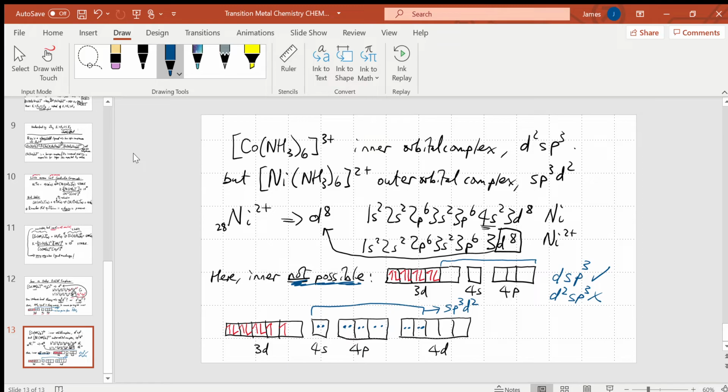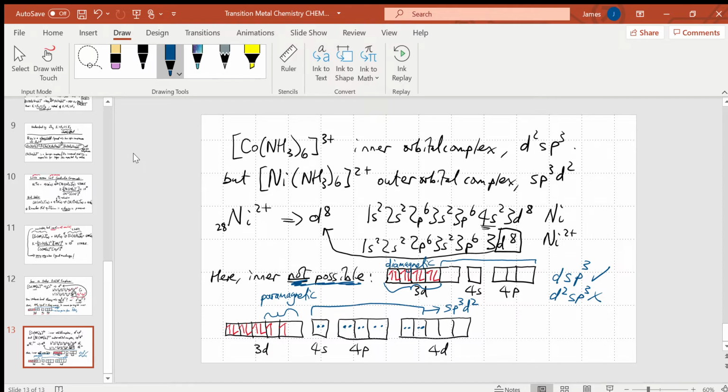So not only can I not afford to have this, if I did have this, which I can't, I would clearly have a diamagnetic substance because I have no unpaired electrons. But here I can clearly see unpaired electrons, so this would give me a paramagnetic structure, whereas this would have given me a diamagnetic structure.